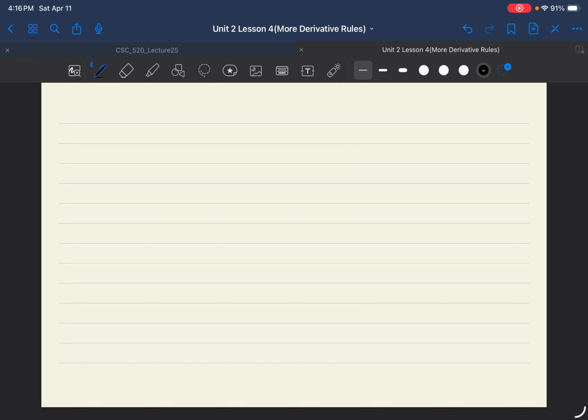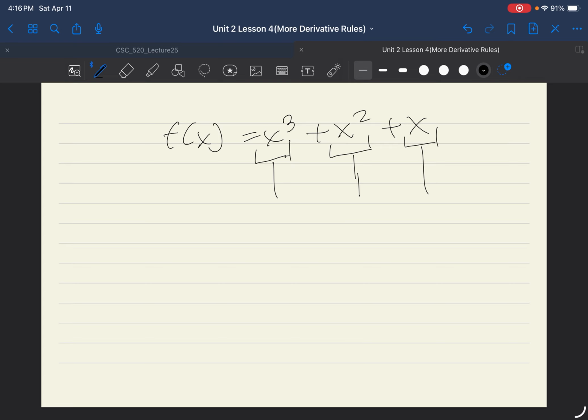Starting with this. F of x is going to be equal to x cubed plus x squared plus x. This is the first rule we're going to talk about, the sum rule, the addition rule. Each of these components will be individually derived. That's basically the entirety of the rule.